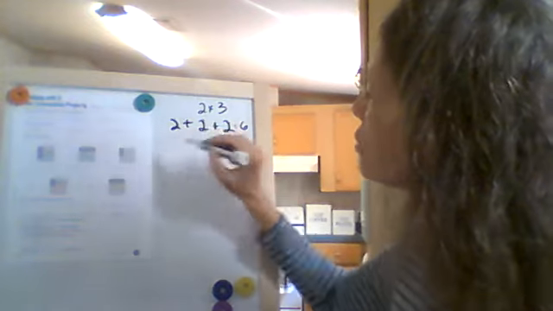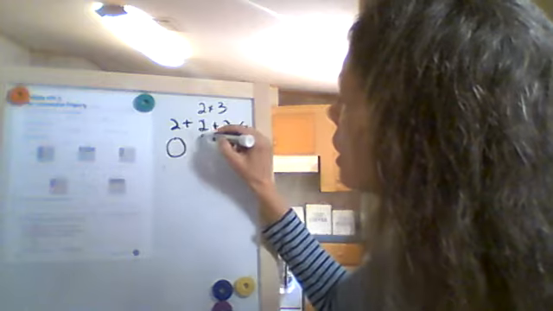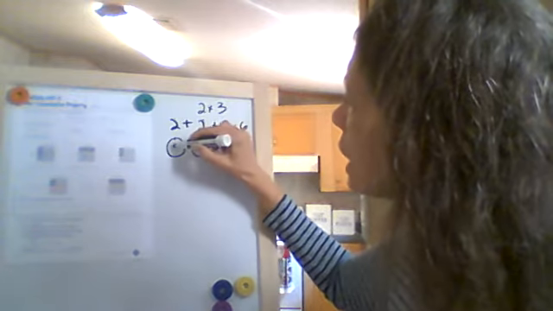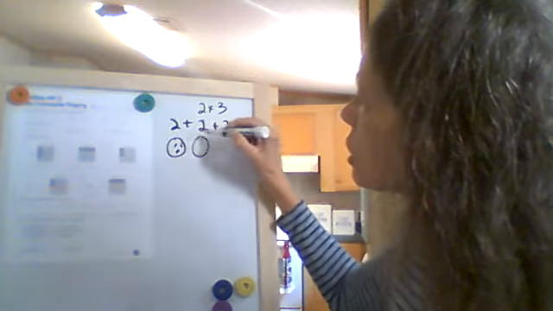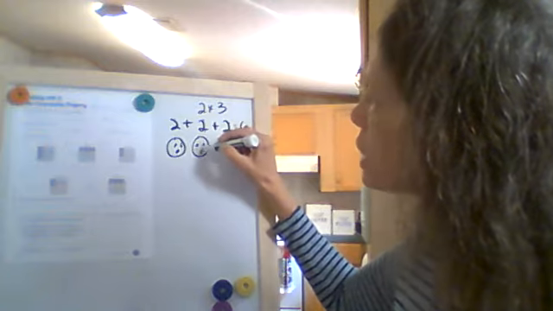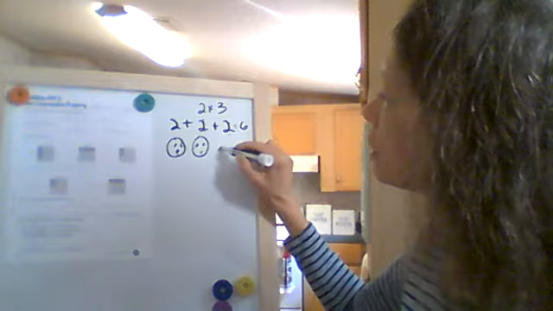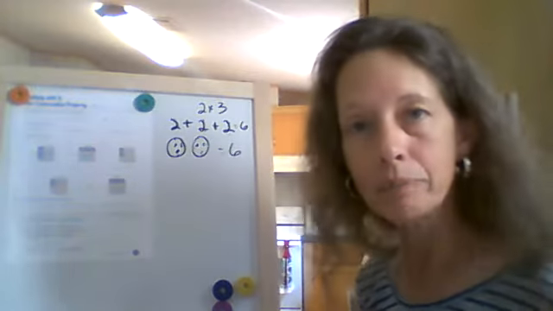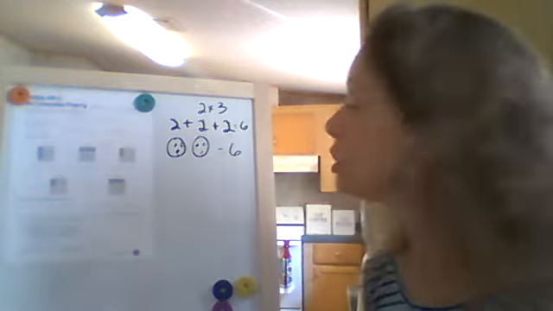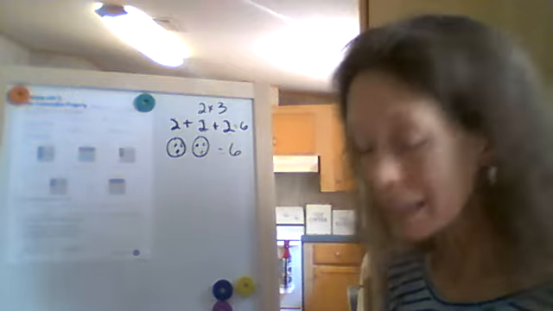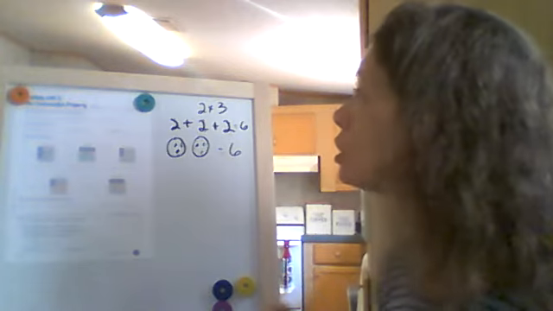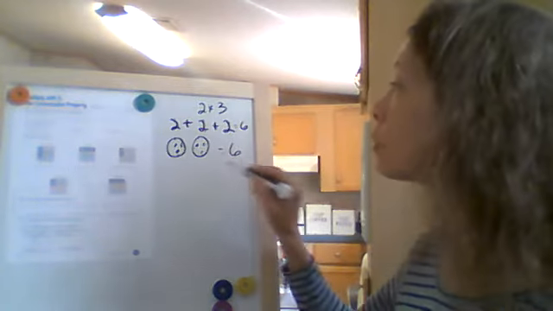Or think of 2 cookies, and each cookie has 3 chocolate chips. If you count those up, you get 1, 2, 3, 4, 5, 6. Same thing. Now, the other thing I can do is skip count. I can skip count by 2s or by 3s.